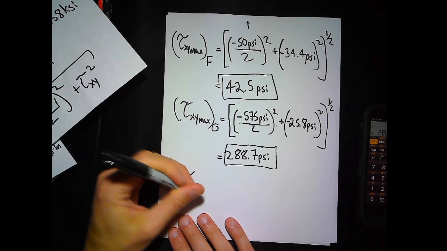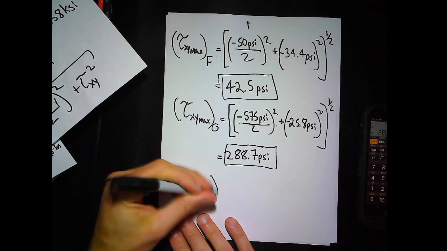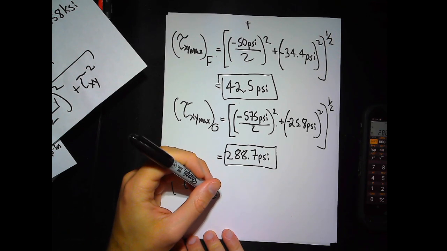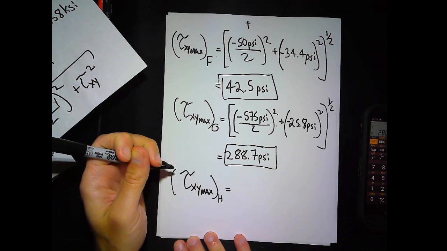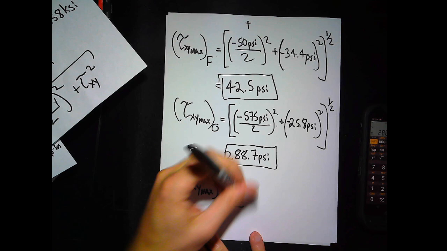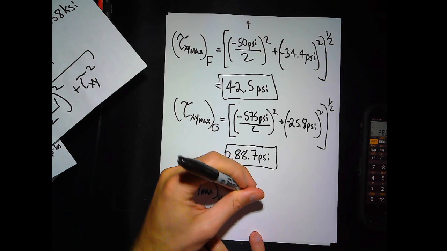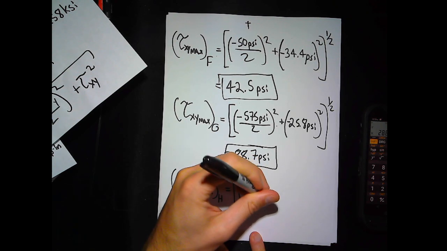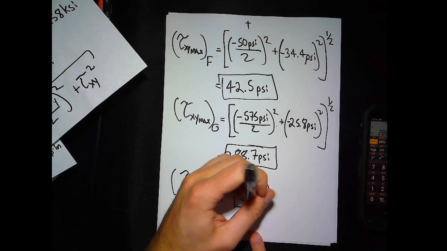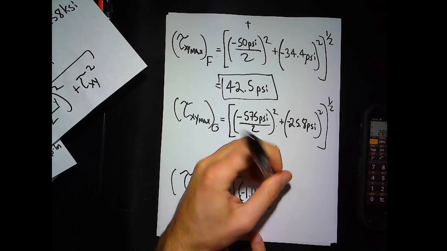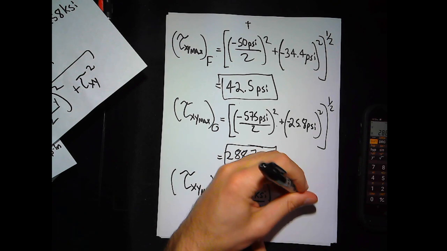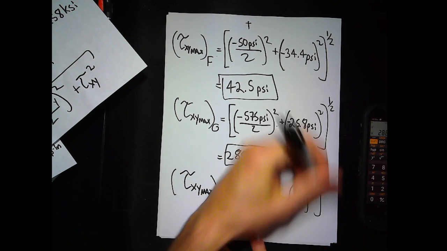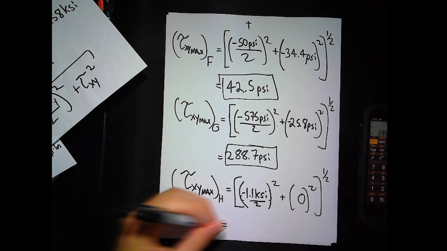Then this is H. So H is negative 1.1 ksi over 2 squared plus 0, square rooted.